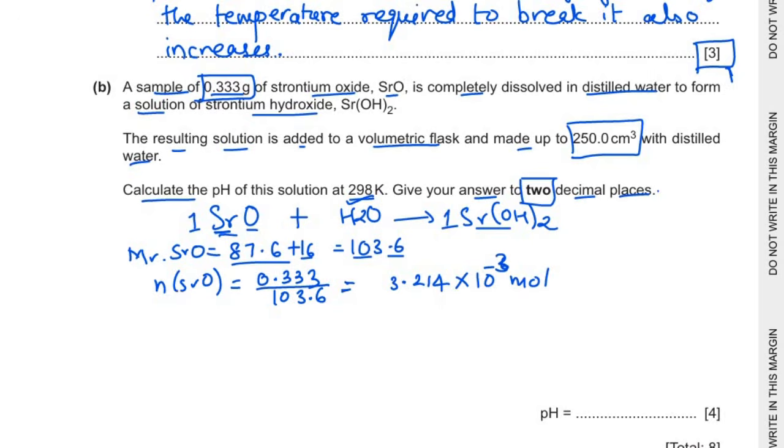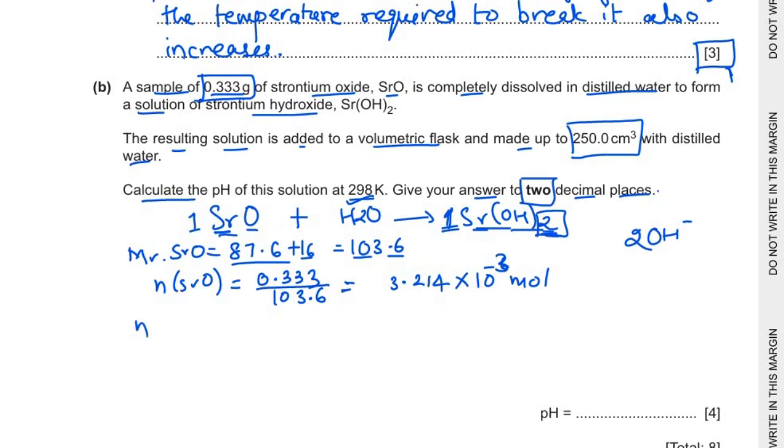Now you can see the moles of strontium oxide is equal to the moles of strontium hydroxide because there is a 1:1 ratio. But within 1 mole of strontium hydroxide, the moles of hydroxide ions are twice, because here we have 2 in the formula. So 1 mole of the compound will give 2 moles of the hydroxide ions.